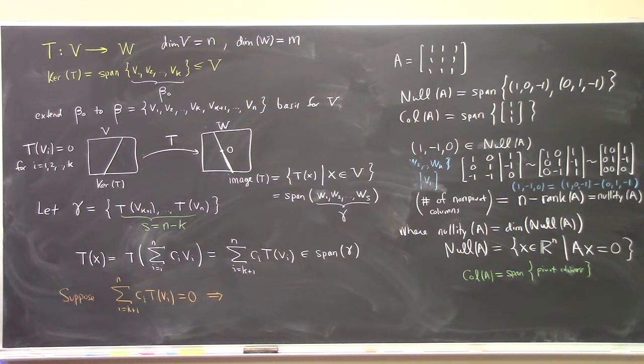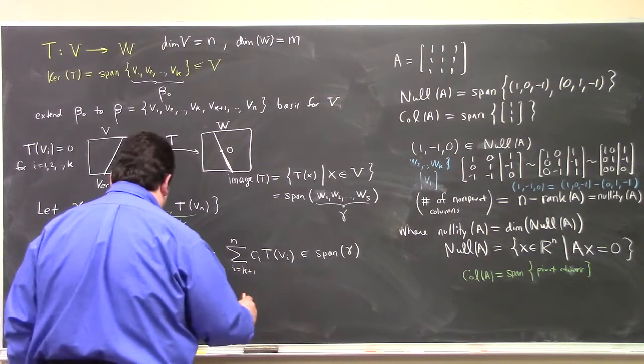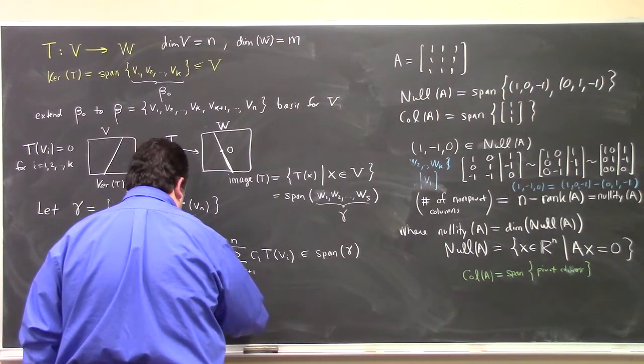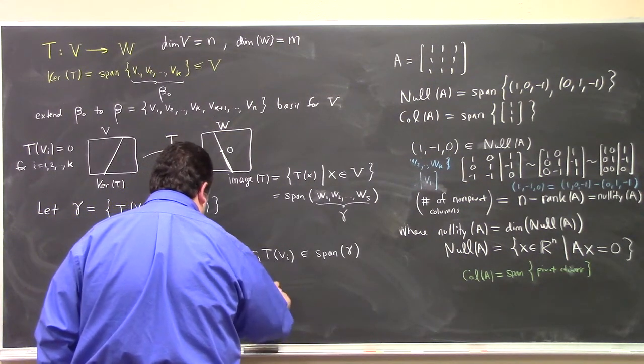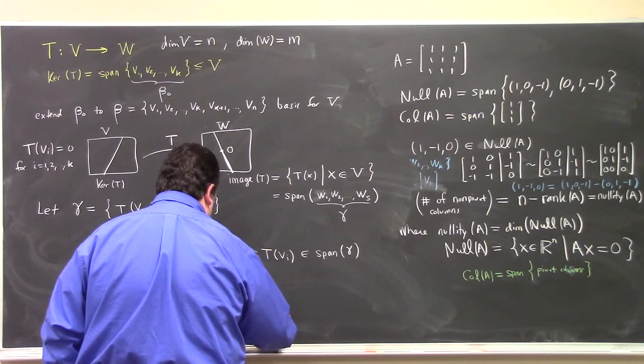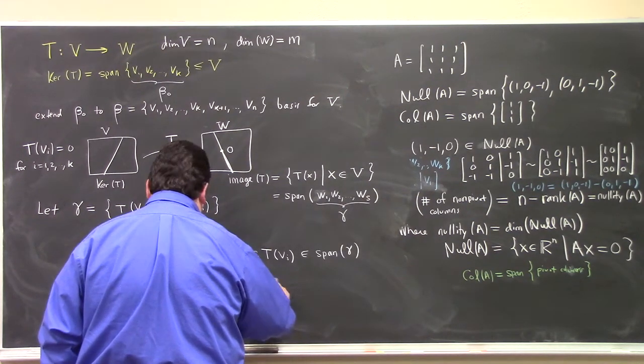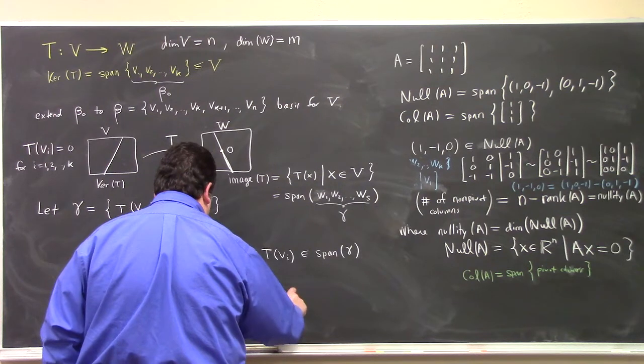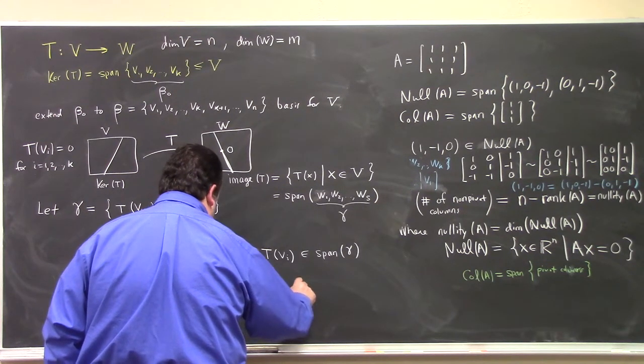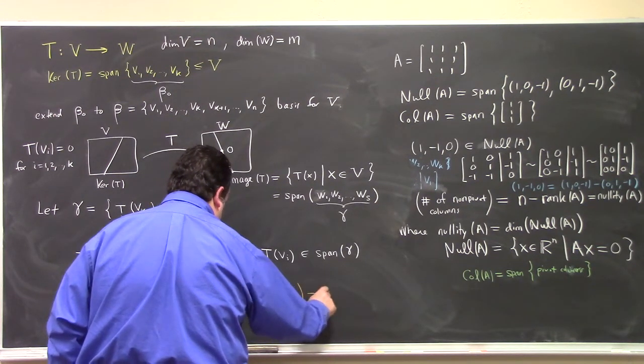We'd like to show that that implies all the coefficients are 0. So that gives me that T of the sum i equals k plus 1 to n of ci Vi is equal to 0, right?